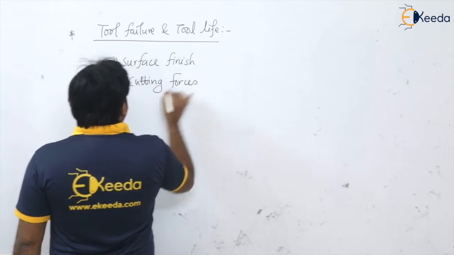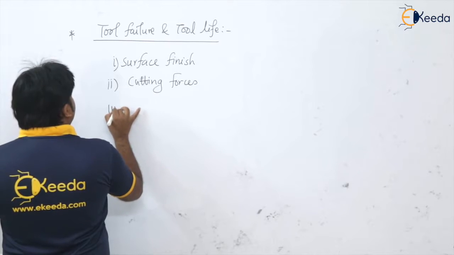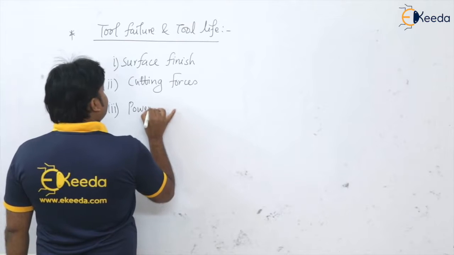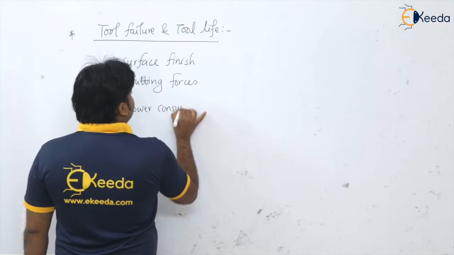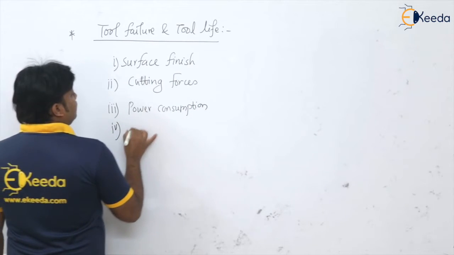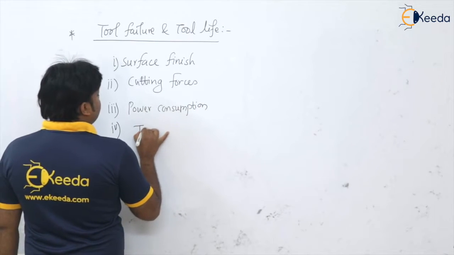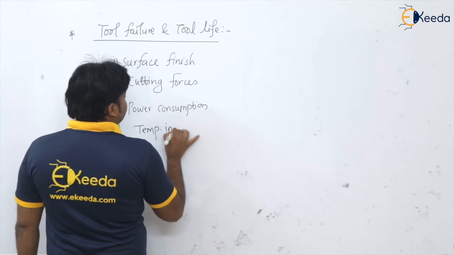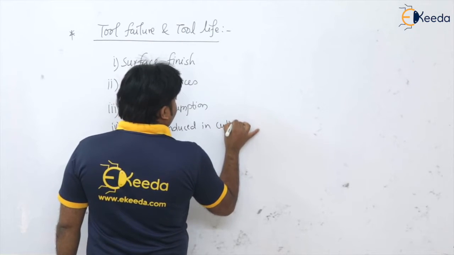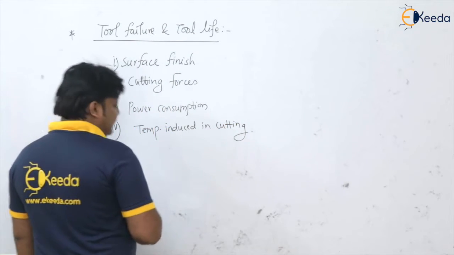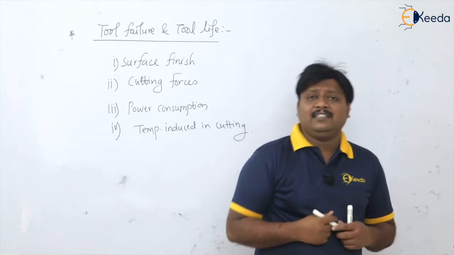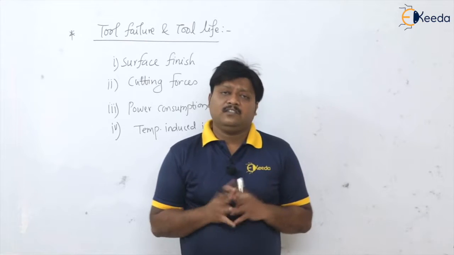So these are all online parameters. Third, we are having the power consumption. Fourth, we are having the temperature induced in the cutting zone. So these are the online parameters. Based on that we can decide whether the machining is okay with the tool or not, or given tool is failed.